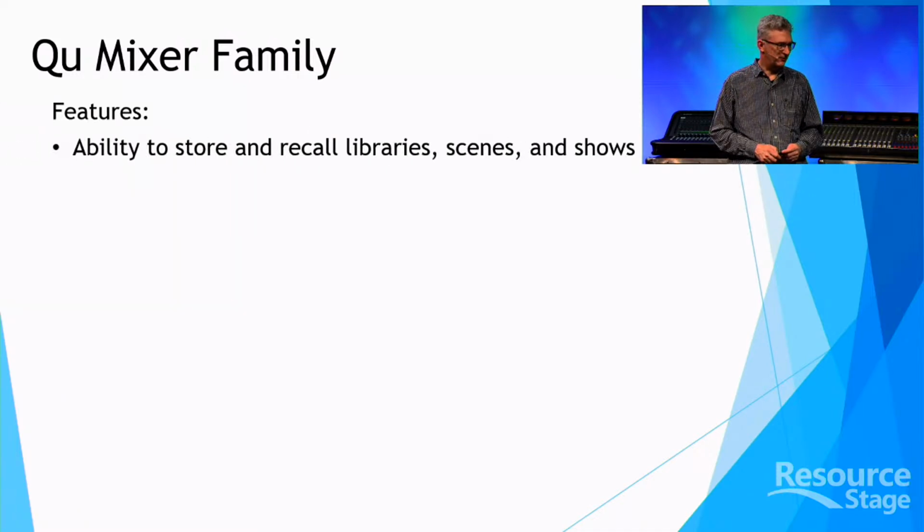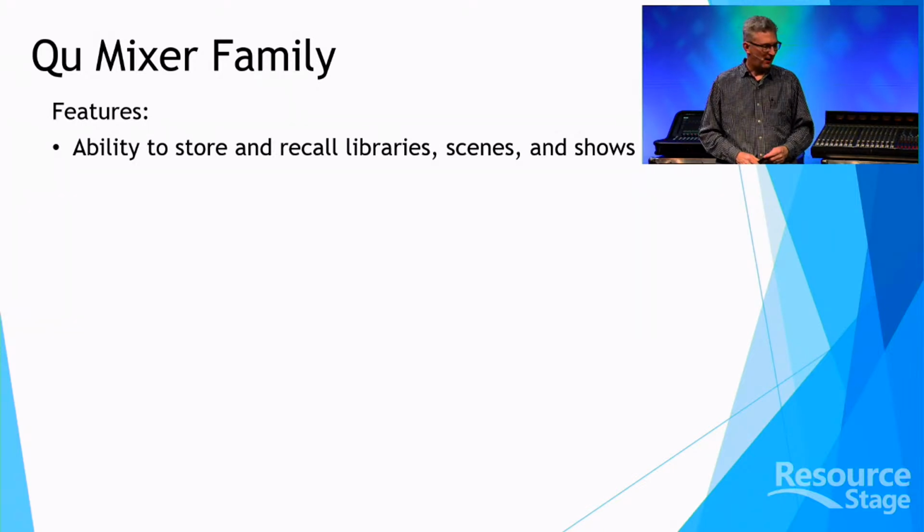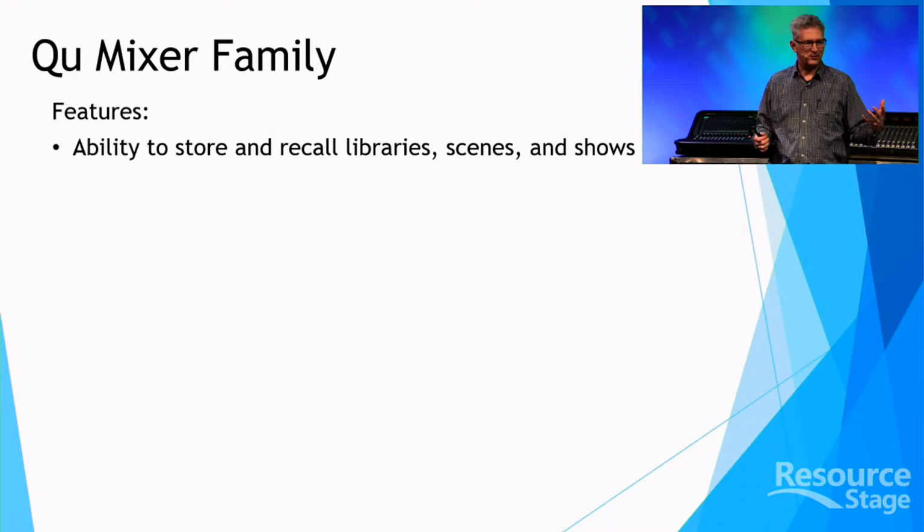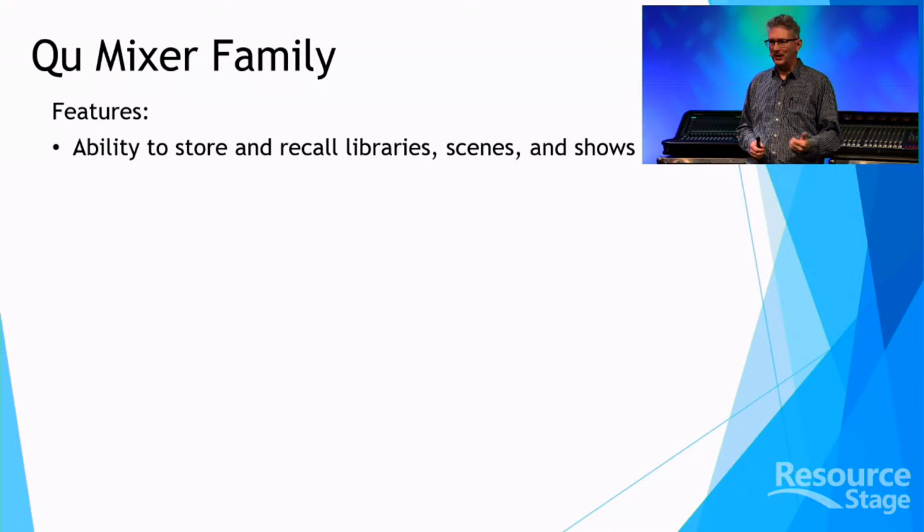And there's still some more here. Oh yes, digital consoles. One of the neat features of digital consoles is the ability to store and recall different things. The QU, the SQ, the Avantis back here, they all have the ability to store and recall libraries, scenes, and shows.